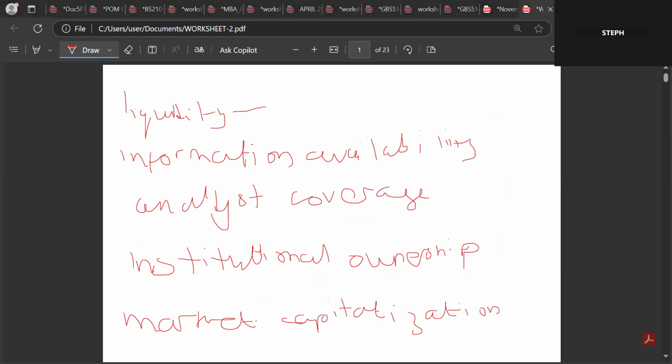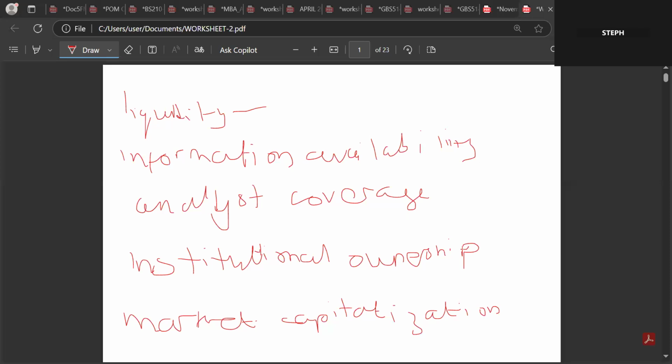So what do we say under the liquidity point of view? We're saying that stocks with higher trading volumes and more active markets tend to be more efficient, because the prices will adjust quickly to new information because of the higher trading volumes and the activity of the markets. That's the liquidity basis.